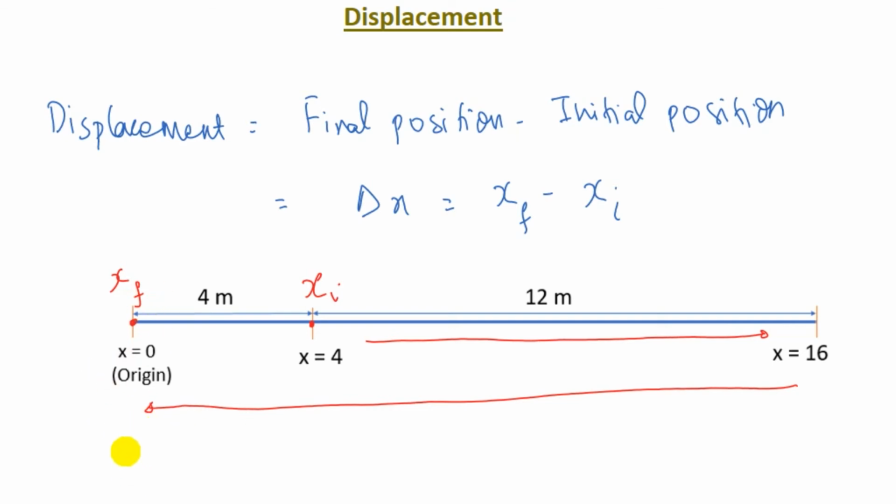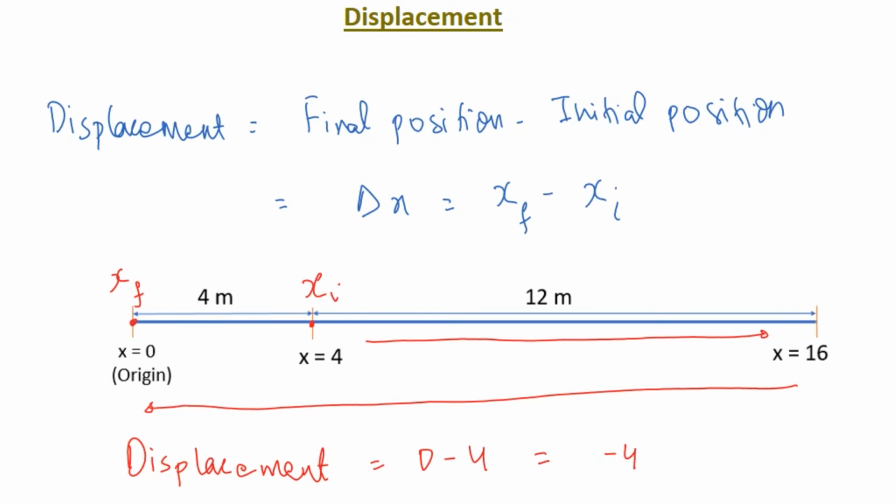So the displacement in this case would be equal to the change in position, that is xf minus xi. For xf we have this point, which is 0. This is the origin, so this is 0, minus xi, we have this point, this is 4. That would be equal to minus 4. So in this case the displacement would be minus 4.